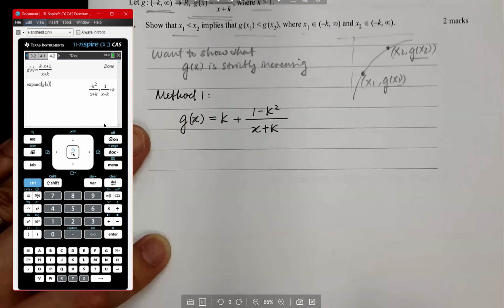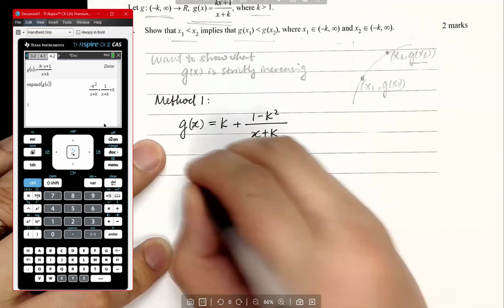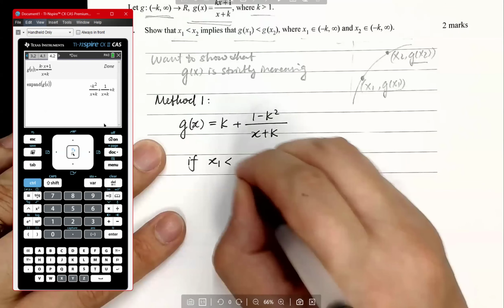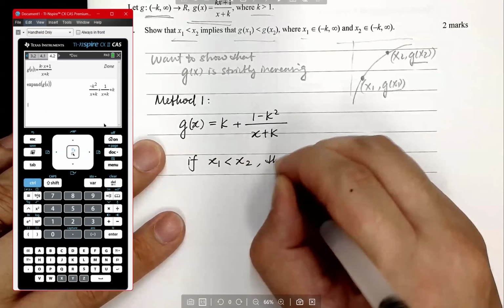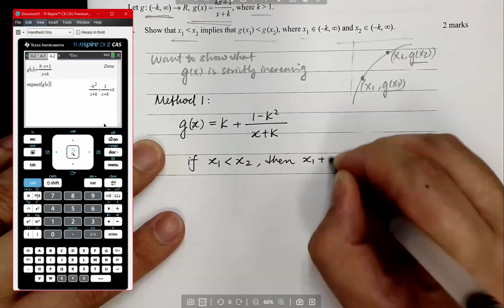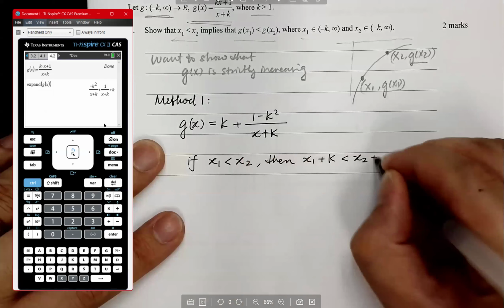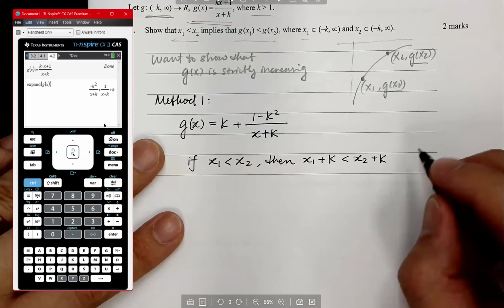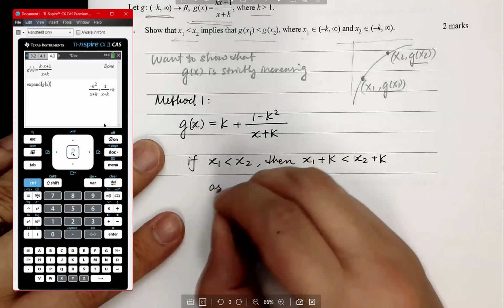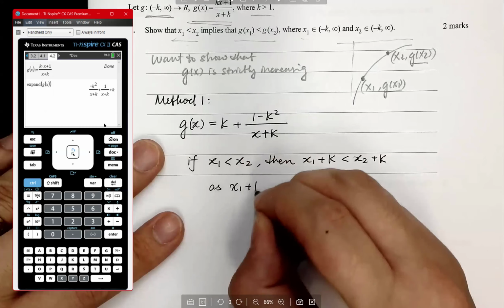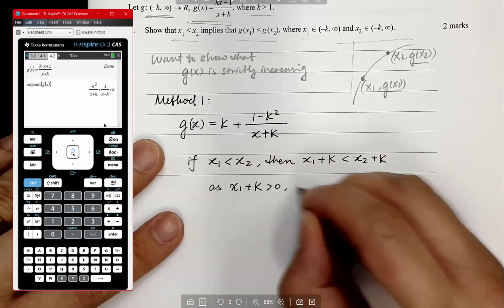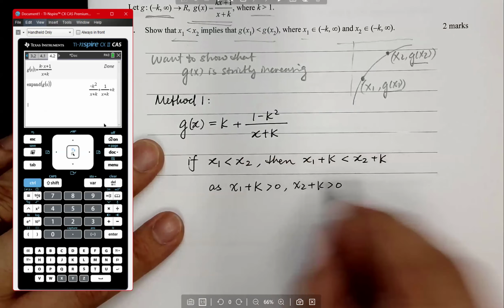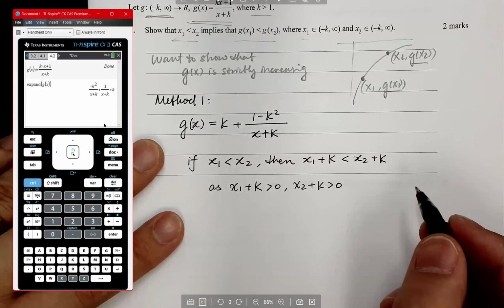And we might say, okay, if x1 is less than x2, then x1 plus k is less than x2 plus k, okay? And both of them are positive quantities. As x1 plus k is greater than 0 and x2 plus k is greater than 0, the reciprocal will be the other way around, okay?